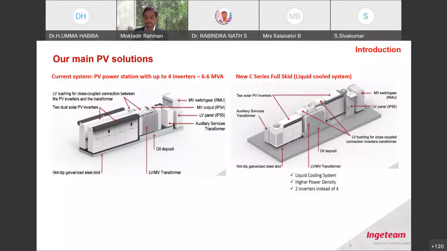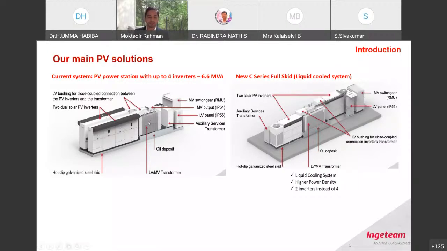Mainly for the large-scale solution, I wanted to highlight what kind of technology we introduce for solar. For example, here you can see the large-scale central inverter concept. It comes with 4 inverters, and each inverter has 1.64 megawatt, or 1.64 MVA, capacity.